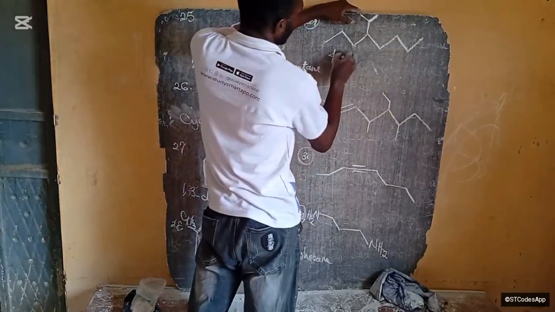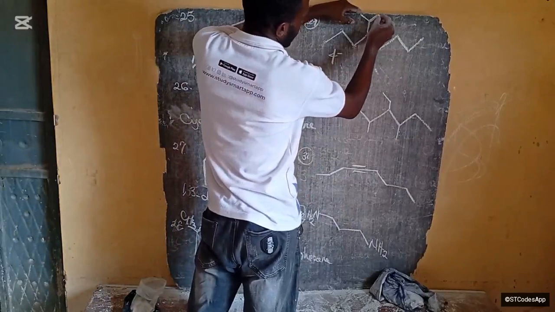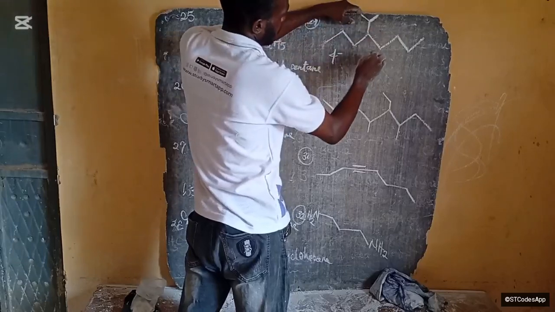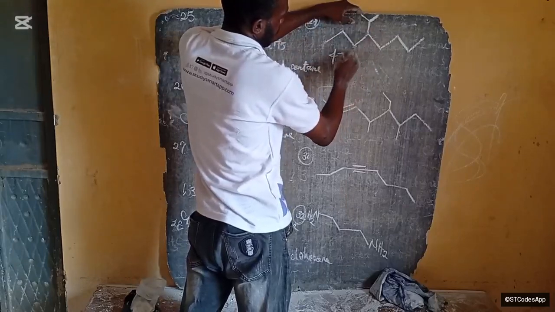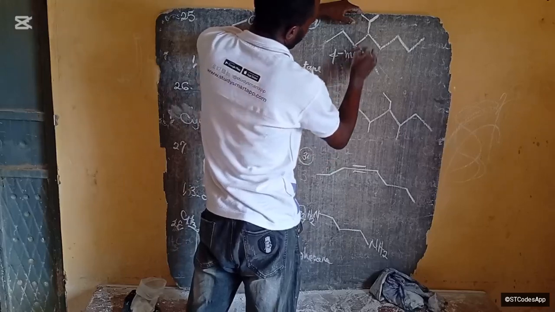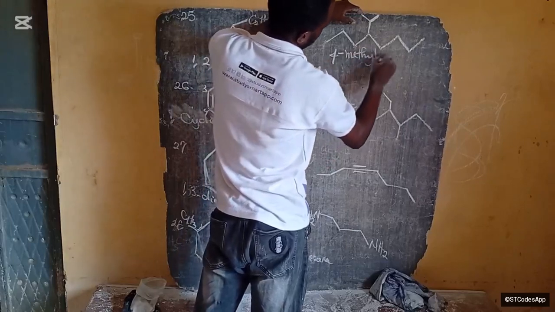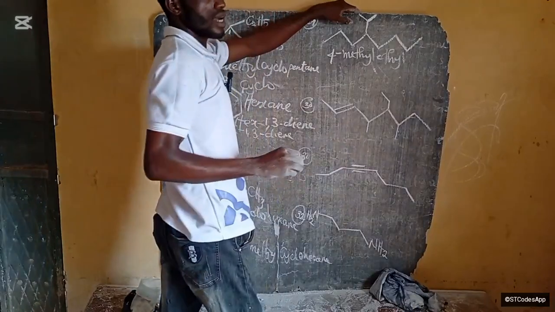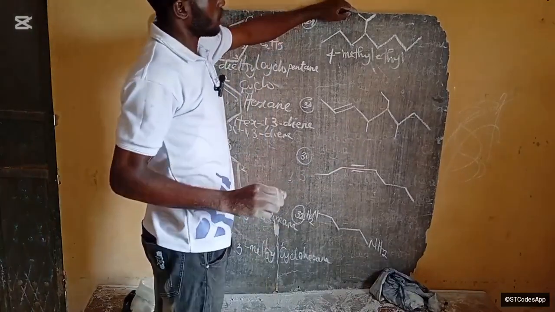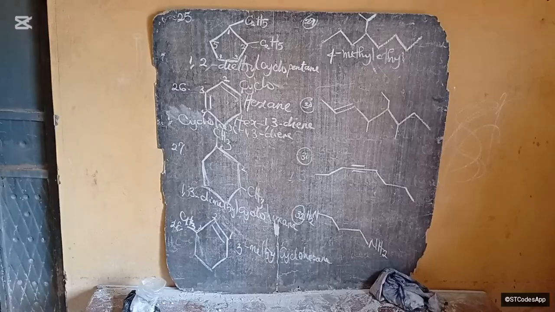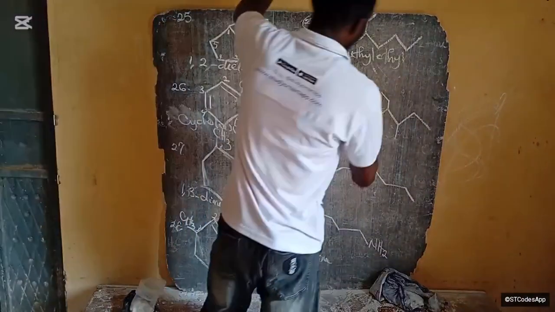So that will be 4 methyl ethyl. Usually we write in brackets this way. Let me show you something. So we write it in brackets this way.